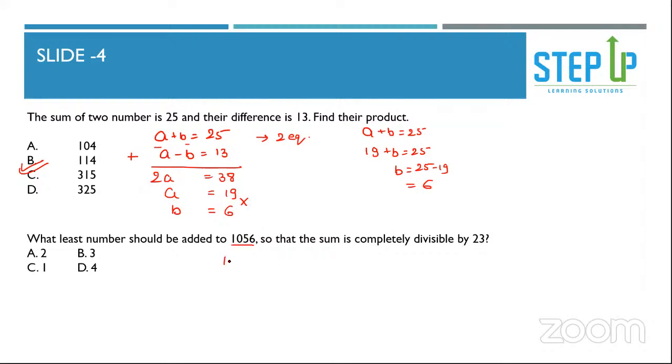Because if I add 2, it will become 8, so the sum will never be divisible. So sum means basically they are talking about the number becoming completely divisible by 23. 4? 1056 plus 4 is 1060.